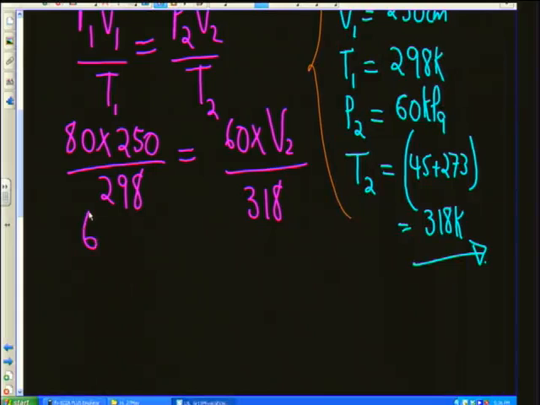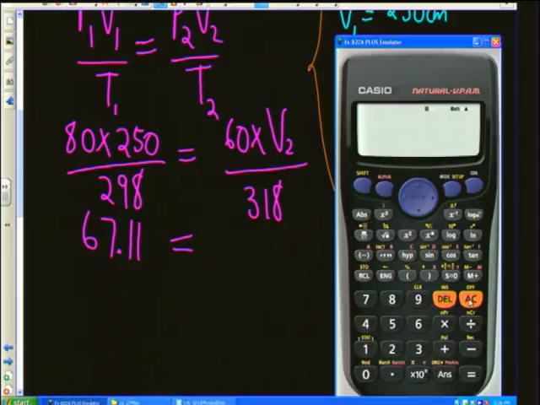So 67,11 equals 60 divided by 318. Quickly, 60 divided by 318. What is that? 0,189.